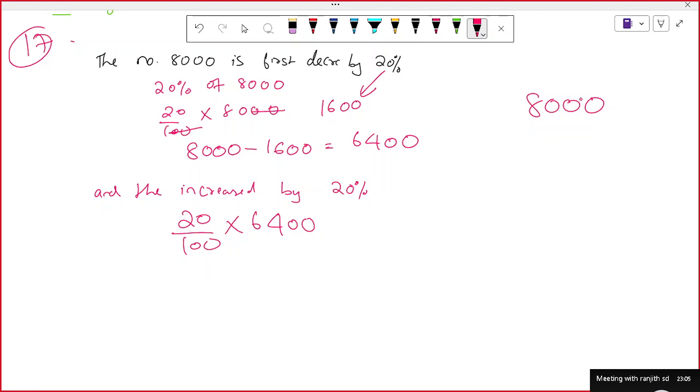So will you add or subtract? Add, sir. Add 6,400 plus what you got. That's the final answer. So the number is increased and then decreased. That's 7,680, sir. Check the answer in the textbook. Correct, sir.